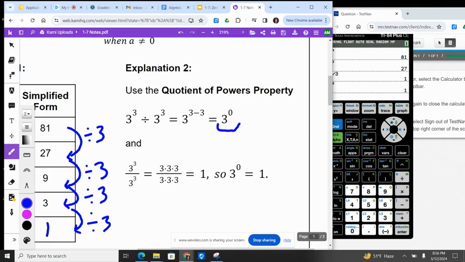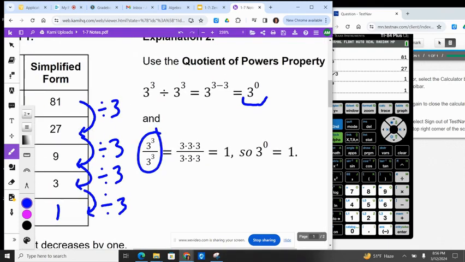Well, remember we talked about whenever you divide a number by itself, it's going to equal 1. Like 5 divided by 5 is 1. 100 over 100 is 1. So you would agree that 3 to the third over 3 to the third is equal to 1, because a number divided by itself is 1.